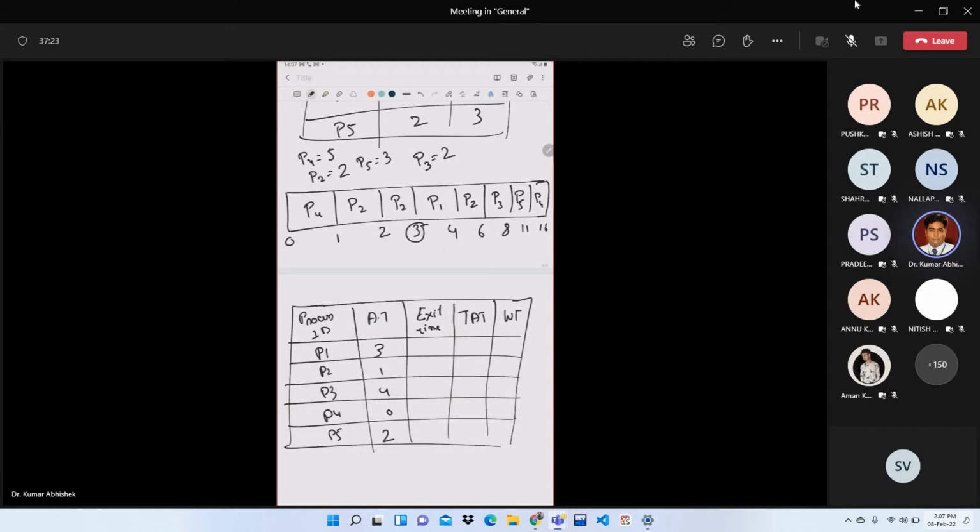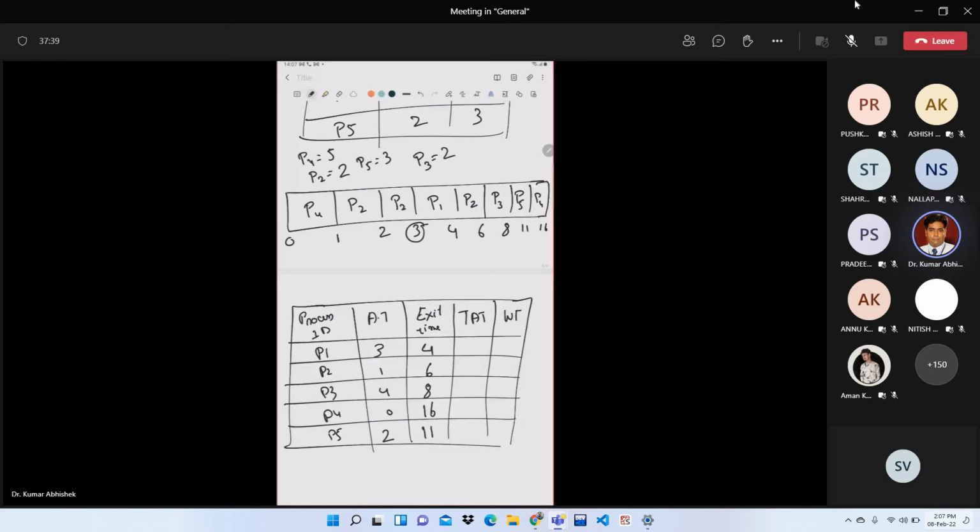P1 exit time is 4. P2 exit time is 6. P3 exit time is 8. P4 exit time is 16.